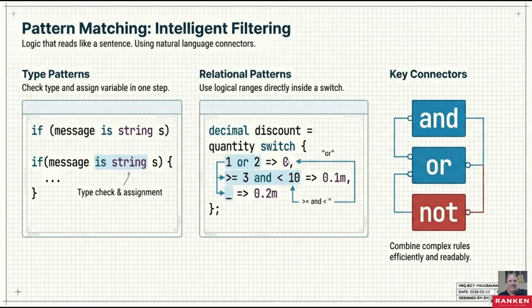So if you only ordered one or two items, your discount's going to be zero. If it's greater than or equal to three, so three or more, and less than 10, then your discount's going to be 10%, 0.1. And then here's your default.